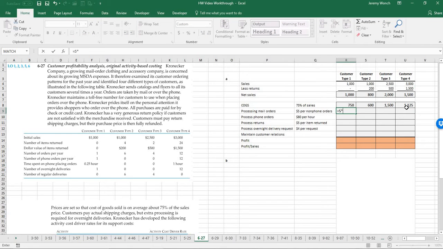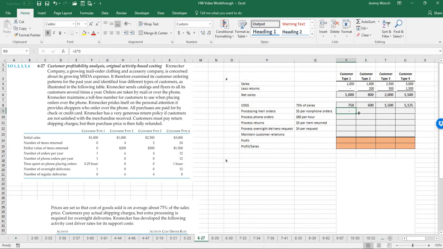Customer 1 has 1 order per year, and it is a phone order, so they have 0 non-phone orders.